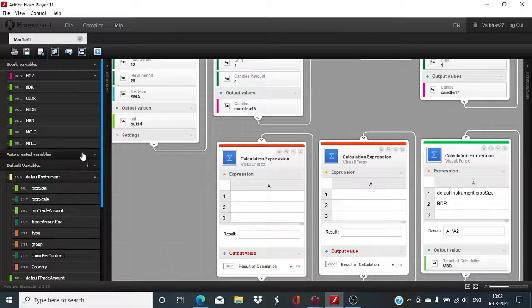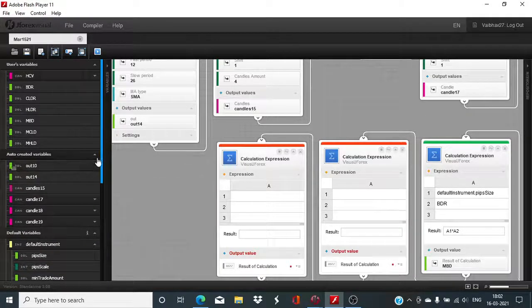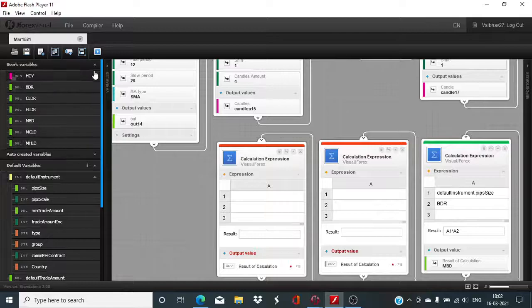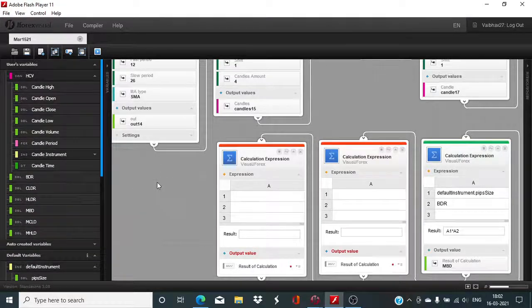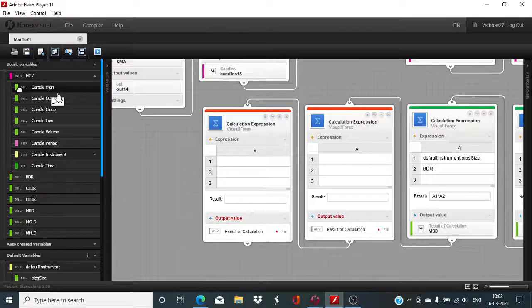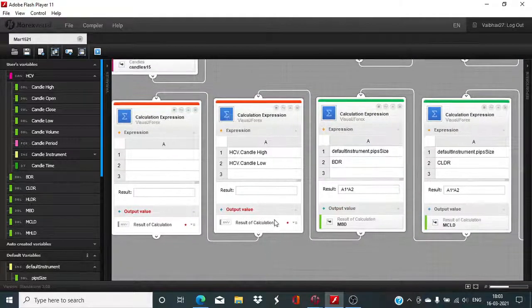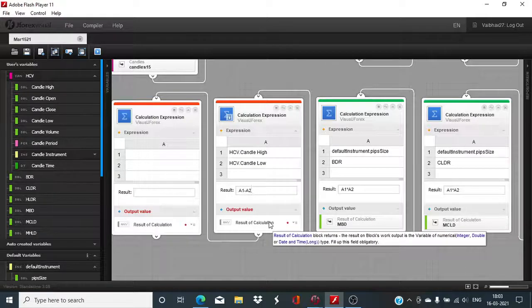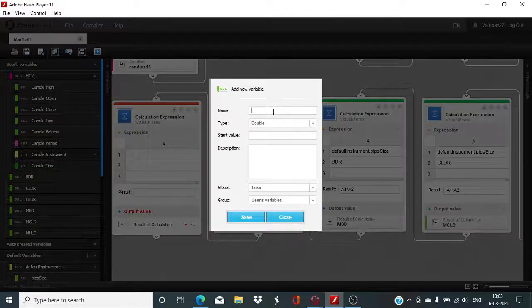For that we have to look at this HCV candle high and deduct the low. So we will have the actual difference, a1 minus a2. Okay, and this will be the actual high low difference.